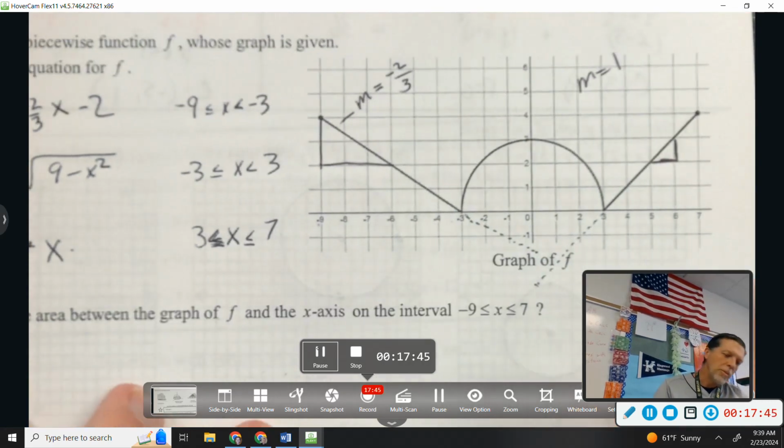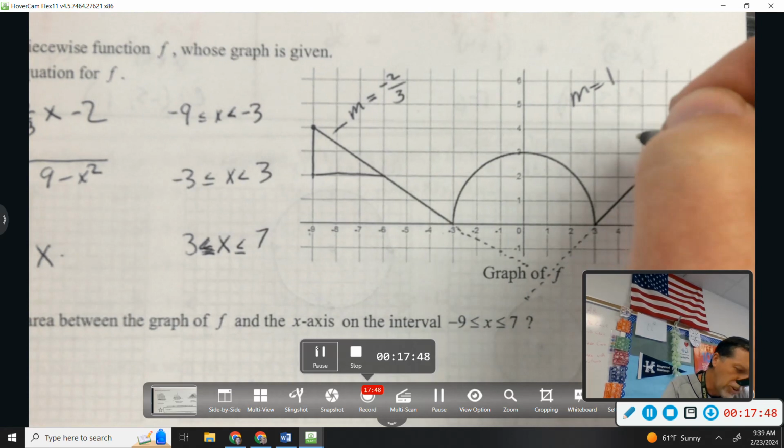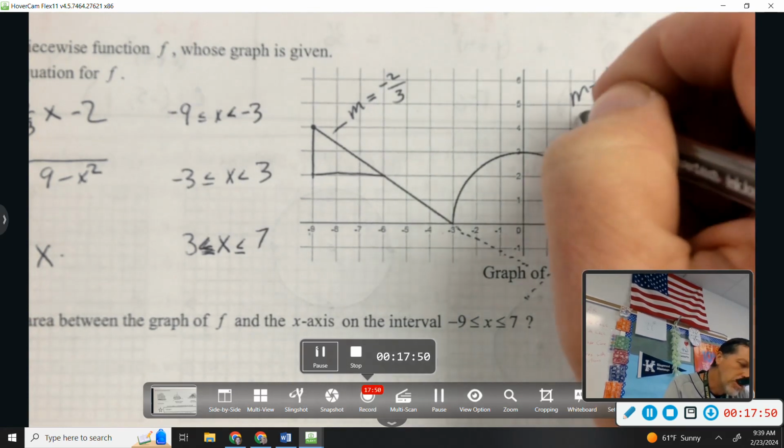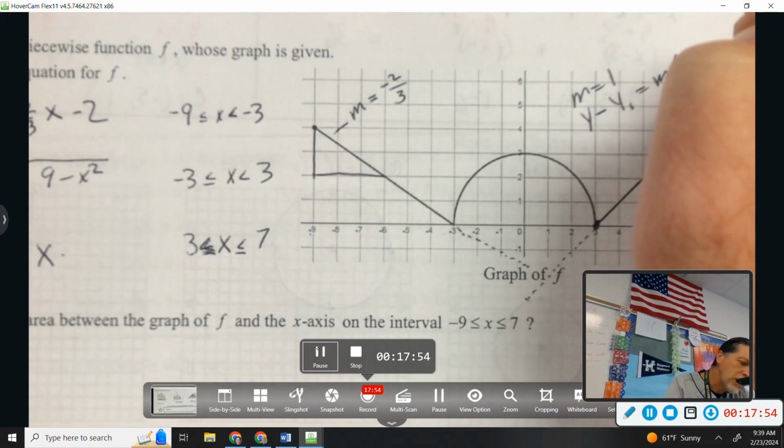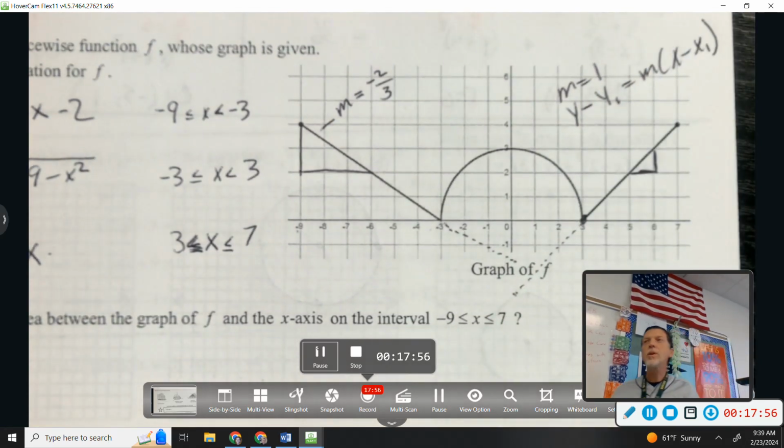Do you remember this format of a line where you do y minus y1 equals m times x minus x1? Point slope form? We love that form in calculus. That's the only form we use in calculus. Because we're allowed to leave it as the final answer. And so if you have a point and a slope, we like that form.